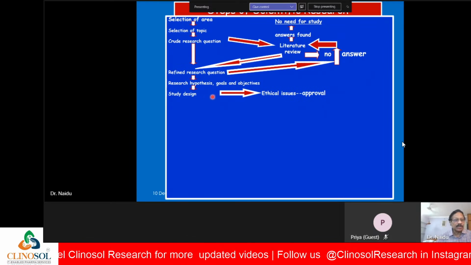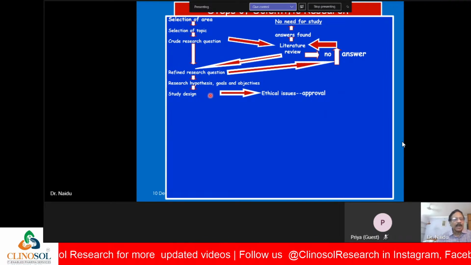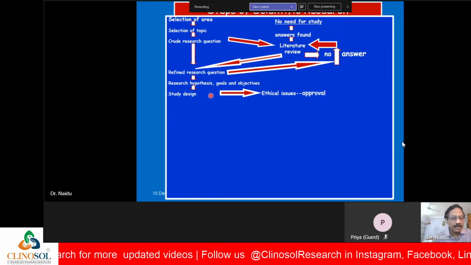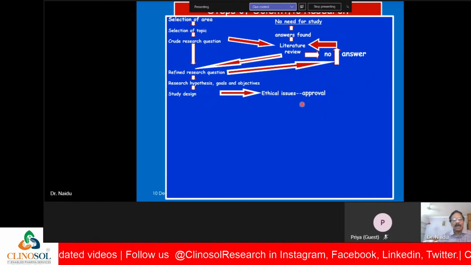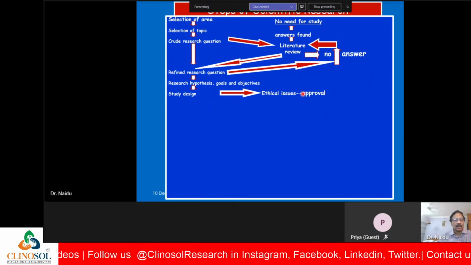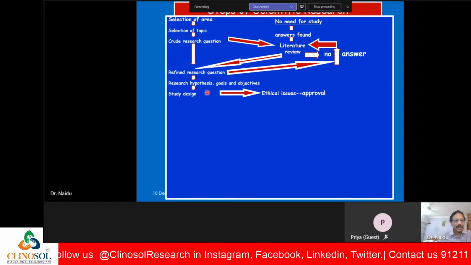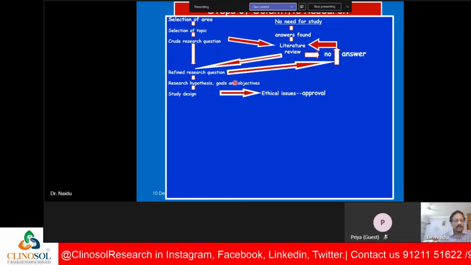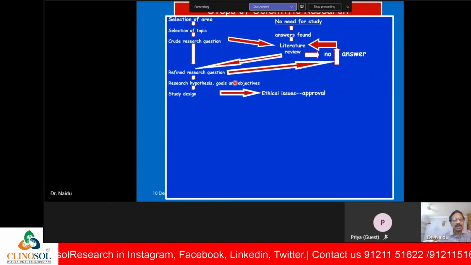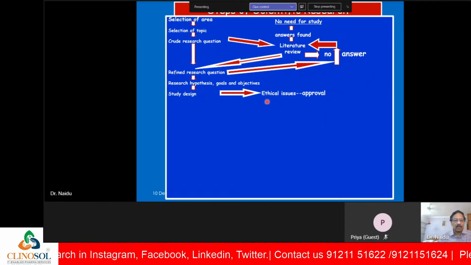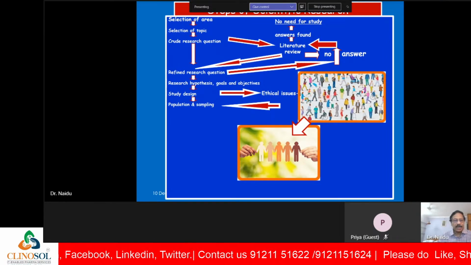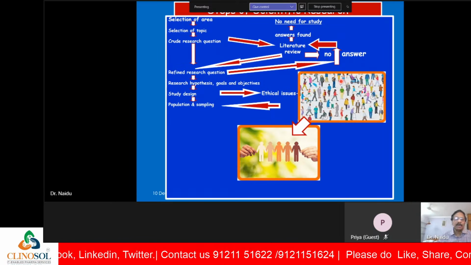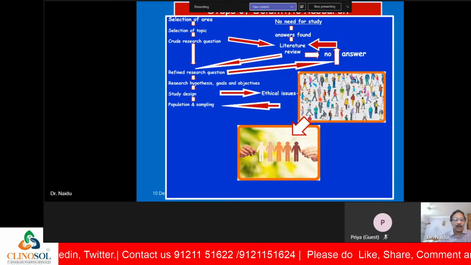After designing your study, write a protocol and all documents necessary to do a clinical research, submit to the ethics committee and take an approval. Once you have designed and the protocol is ready, informed consent is ready, whatever document is required, submit and take approval.